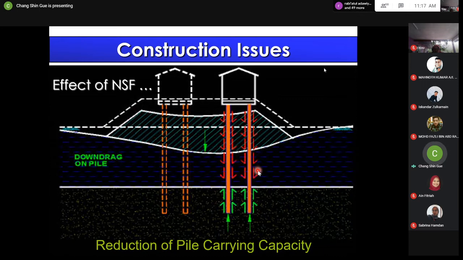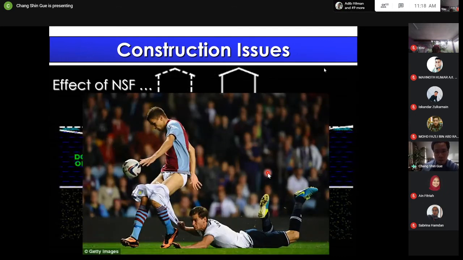So it gives you an additional load pulling down your pile instead of giving you a resistance, so your pile has an additional downward drag. That is what we call negative skin friction. And it's important that you reduce the pile carrying capacity due to this. Now, if you want to imagine what negative skin friction is, you can imagine someone pulling down your pants, so negative skin friction is being pulled down.